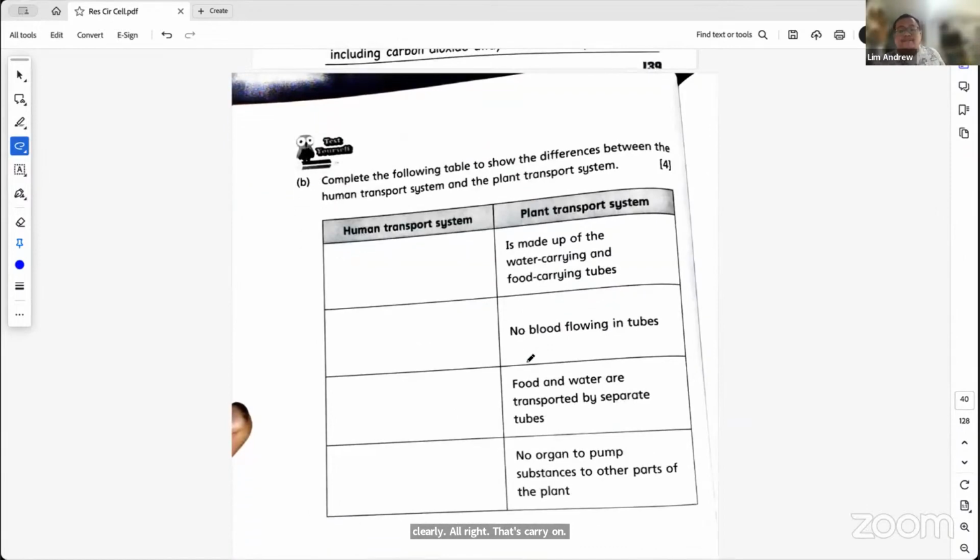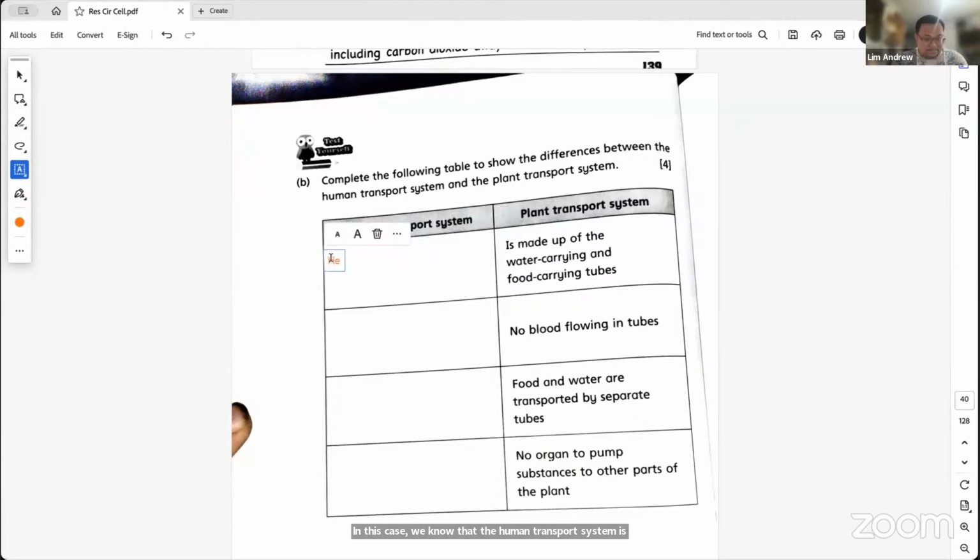So, in comparison between the human transport system and the plant transport system, we know that the plant transport system is made out of water carrying tubes and food carrying tubes. In this case, the human transport system is made out of the heart, the blood and the blood vessels.